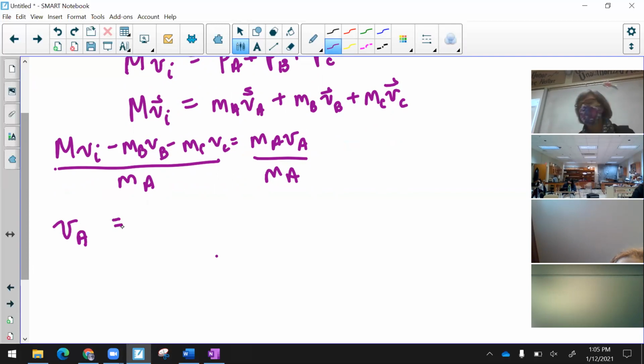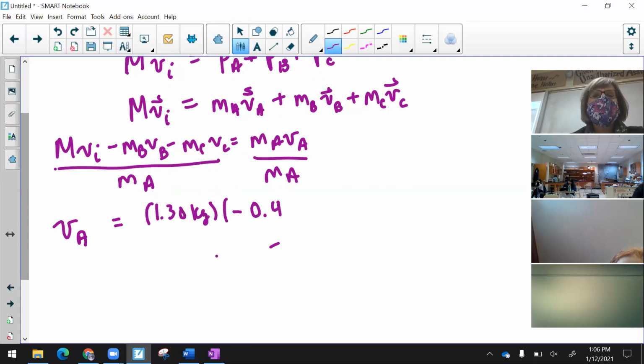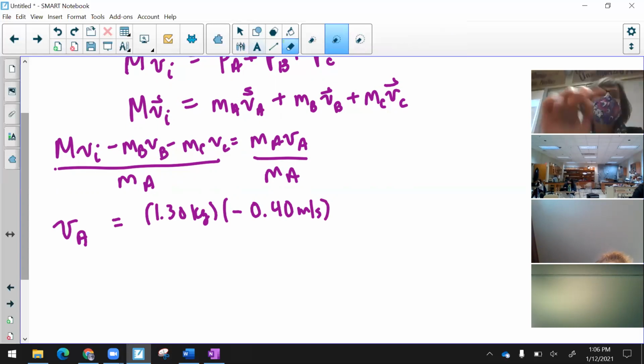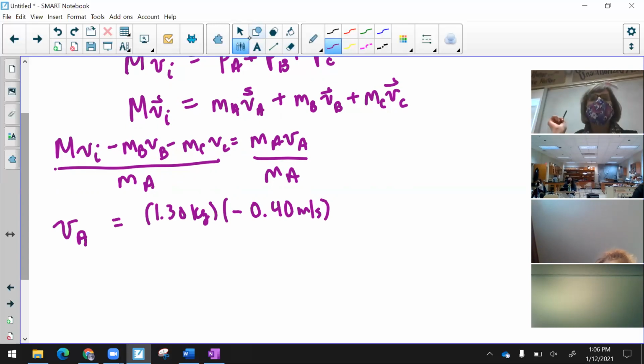So VA is going to be capital M. How do I find capital M? Yeah, I add all the masses together, right? Which looks like it gives me 1.30 kilograms. Okay, I know that that velocity is negative 0.40 meters per second. Not going to worry about the I's anymore, because like we said, everything is along the XY axis.